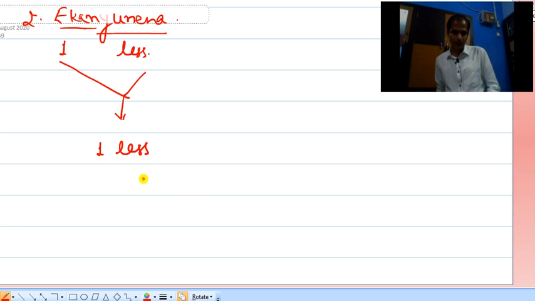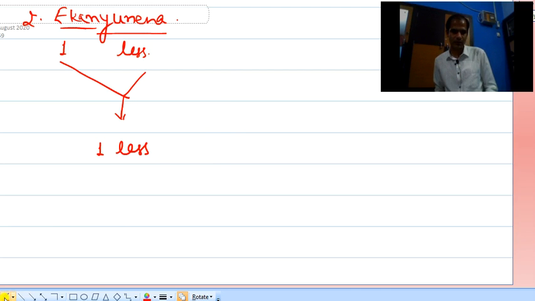Now in this table a few numbers are given on page number 27.